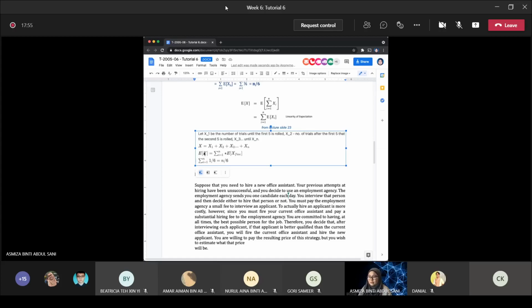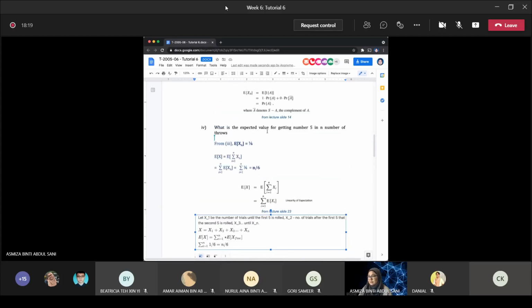Therefore, the expected cost for all 5 throws, let's say n is 5, would be the sum of i equals 1 up until n of the expectation of X, the event of getting number 5, and therefore you get this one. Okay, so it's the same thing.